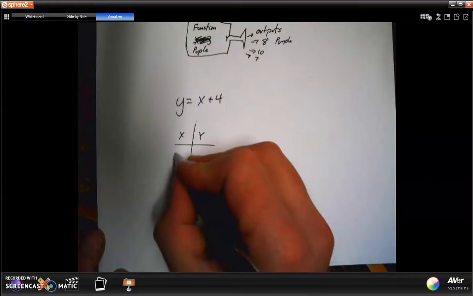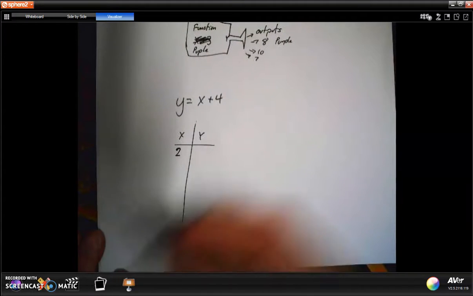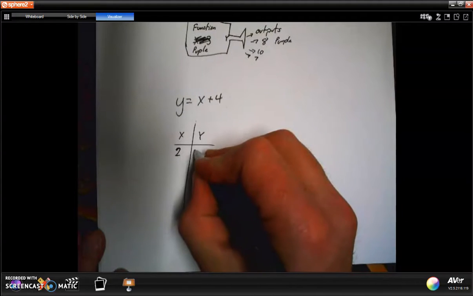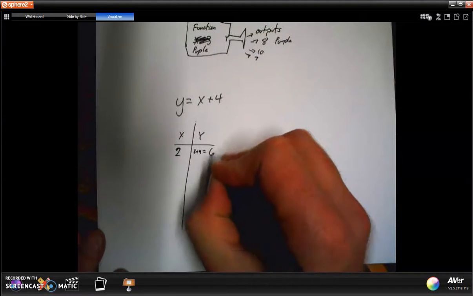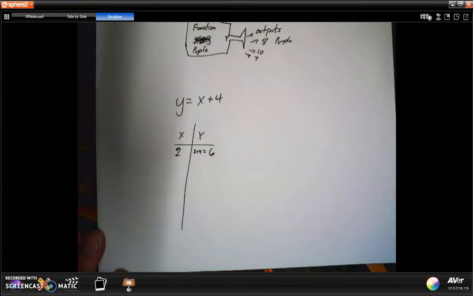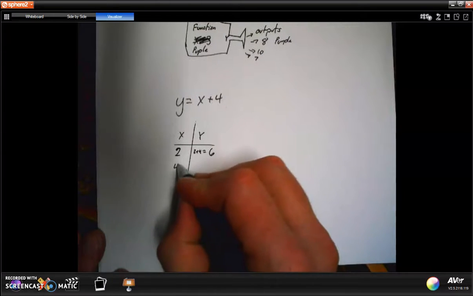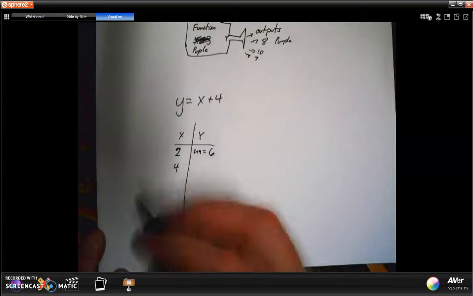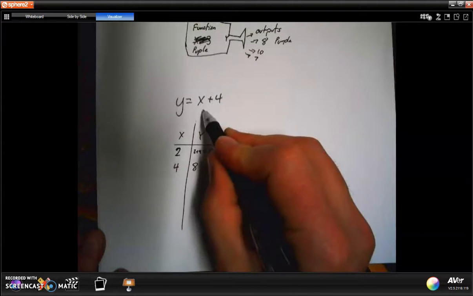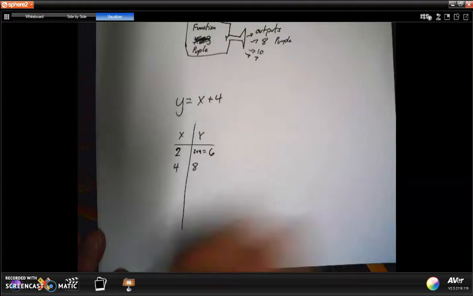So for example, if I put in a 2 for x, so x is now 2, 2 plus 4 is 6. So if I plug in a 2, I get out a 6. If I plug in a 4, 4 plus 4 is 8. So if I plug in a 4 into my function, and I add 4 to it, I get out 8.